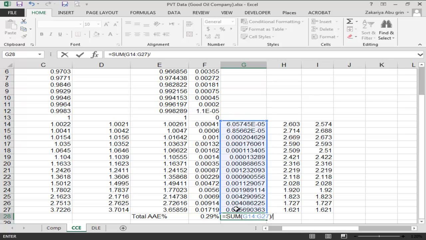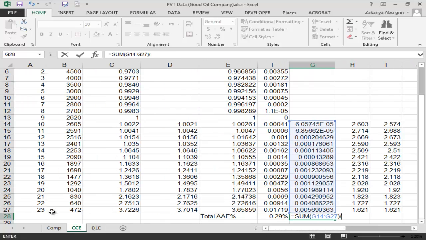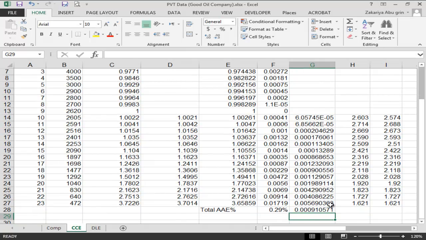So we need to do that. So you will see if we calculate the average absolute error, but this time between the corrected relative volume by Y function and the relative volume from lab measurement, you will see that you will have a very low average absolute error.